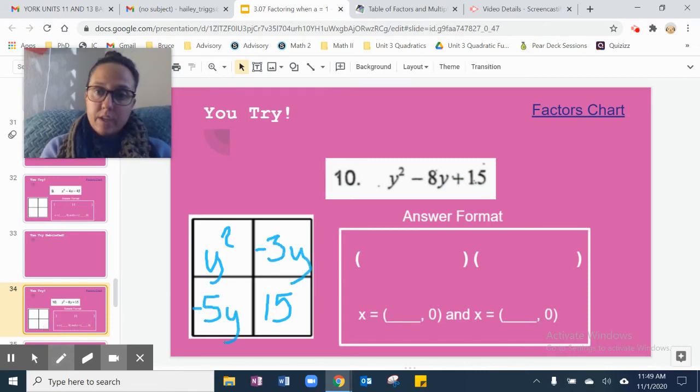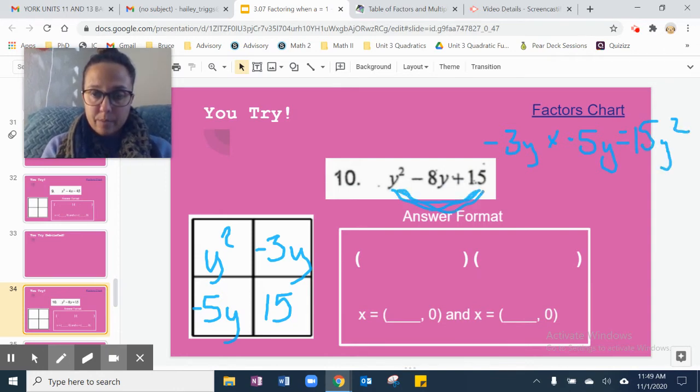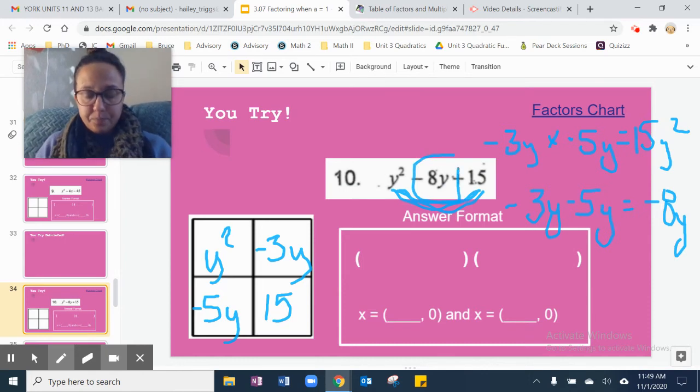And again, that is because negative 3y times negative 5y gives us 15y squared, which is what a and c multiply to make. And negative 3y minus 5y gives us negative 8y, which was our b term.